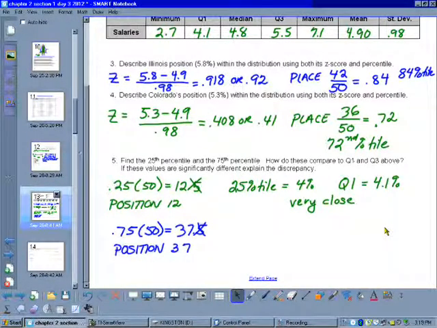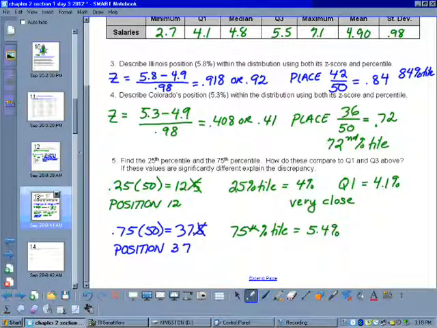So I am going to use that percentage, 5.4. So we have the 75th percentile equaling 5.4% unemployment rate. And if I use the table above, the third quartile is at 5.5%. This again is very close.